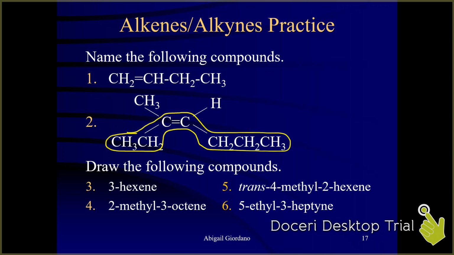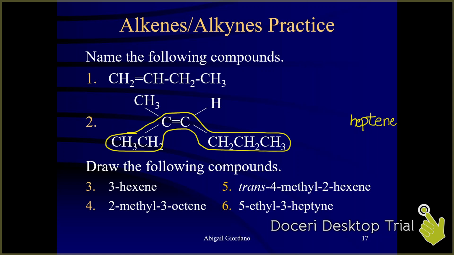Okay, and now let's count how many carbons are in that chain. I count 1, 2, 3, 4, 5, 6, 7. Let's think, what is the prefix for 7, everybody? It's hept. It's got a double bond in the main chain, so it's heptene.